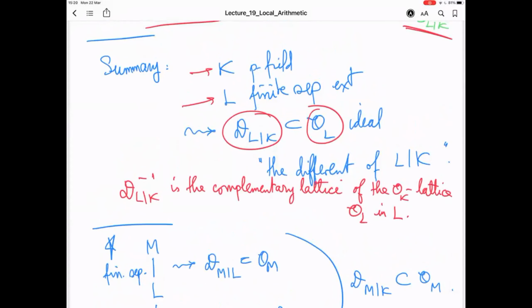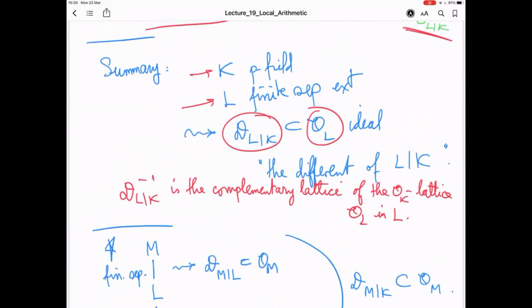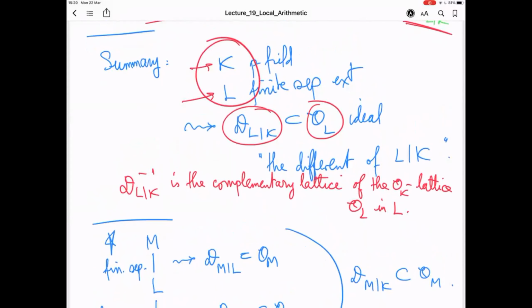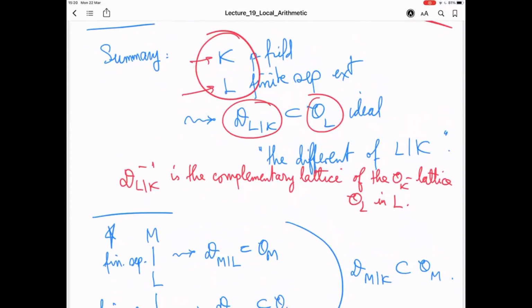So this is the definition, and it's a very important invariant of this extension L over K, the different of L over K.